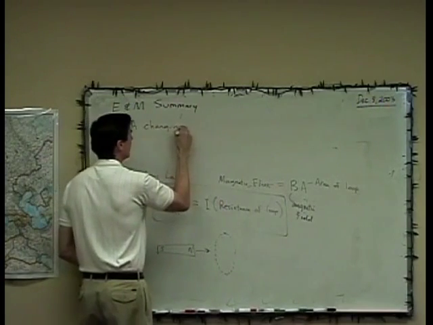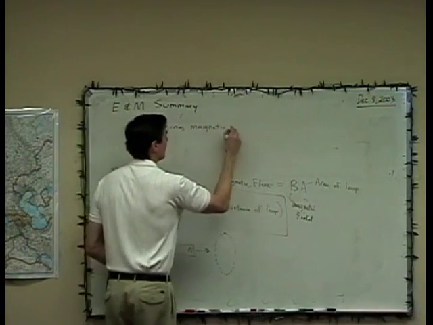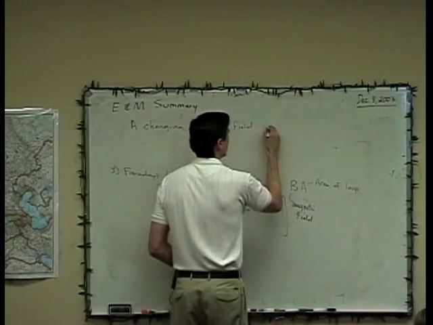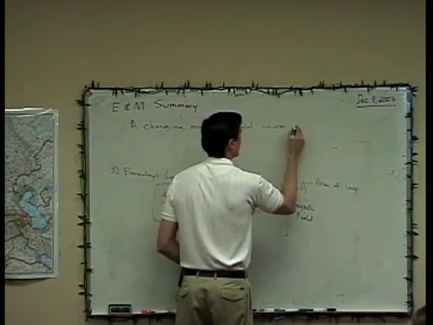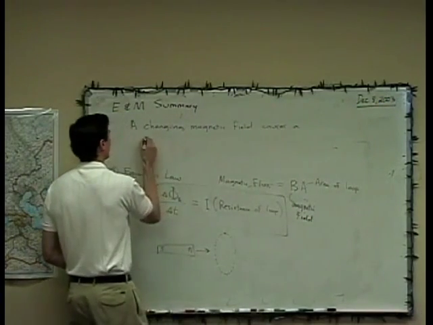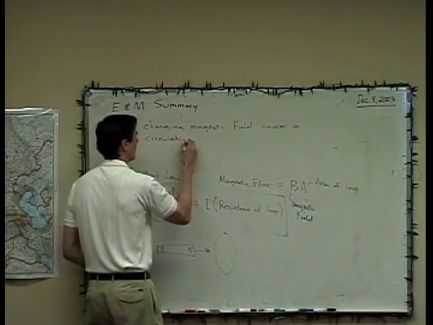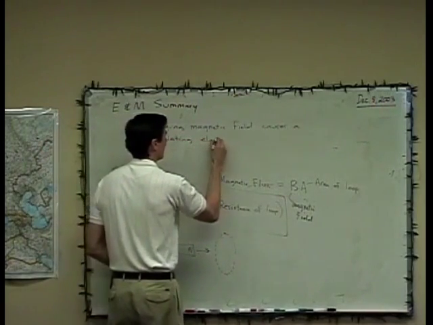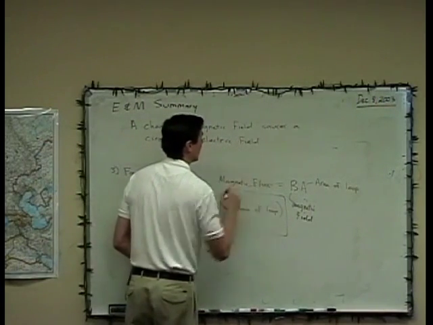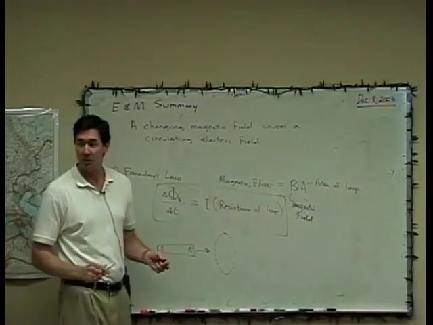A changing magnetic field causes a, let's call it circulating electric field. Which in fact is what causes the current to start moving in the wire loop when you have the wire loop there.